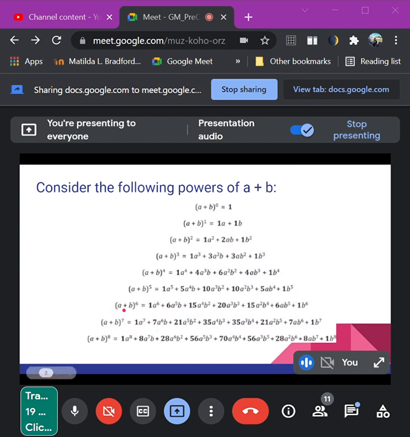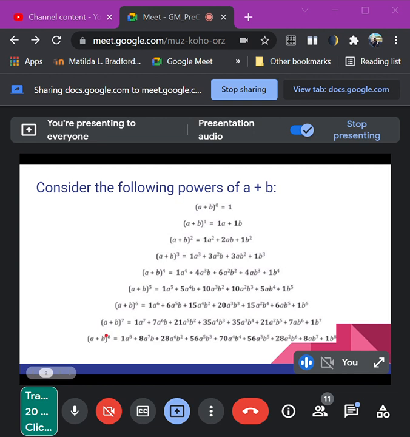And for raised to the power of 6, A raised to the power of 6 plus 6A to the 5th B plus 15A to the 4th B squared plus 20A cubed B cubed plus 15A squared B to the power of 4 plus 6AB raised to the power of 5 plus B raised to the power of 6.